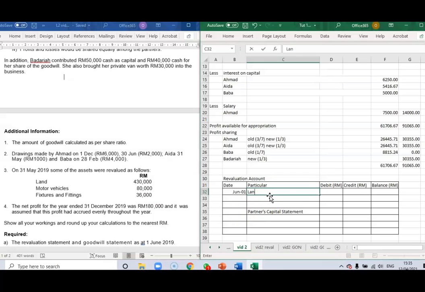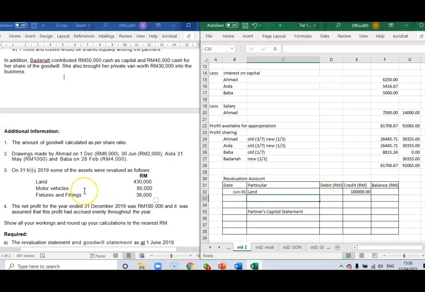You debit the land account and credit the revaluation account, so you credit 100,000 for land.